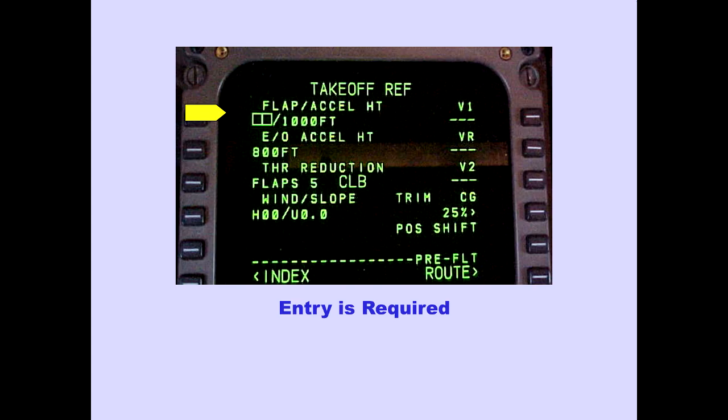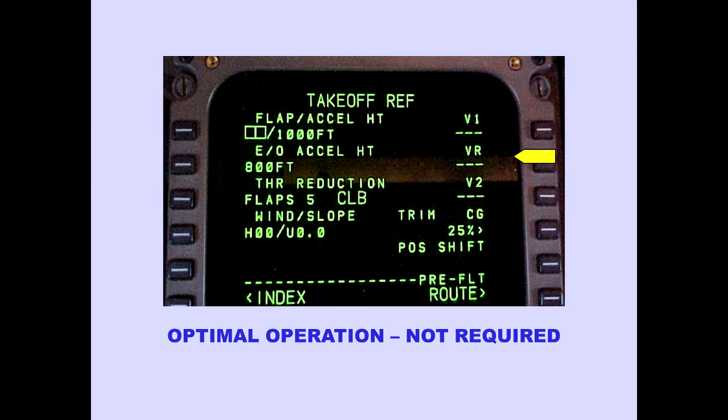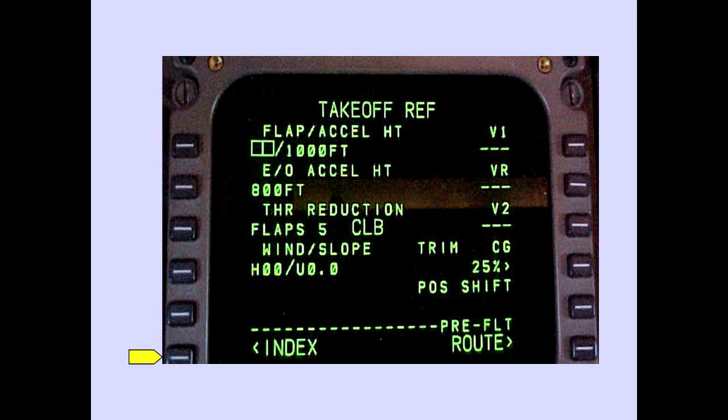When there are 2 lines of information, the first line is the title line. Boxes indicate an entry is required for FMC operation. Dashes indicate an entry necessary for optimal FMC operation, but not required. Pushing the line select key next to a careted line displays the indicated page or selects the indicated function.